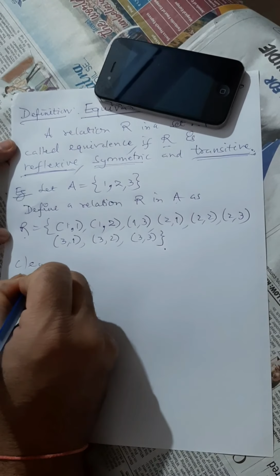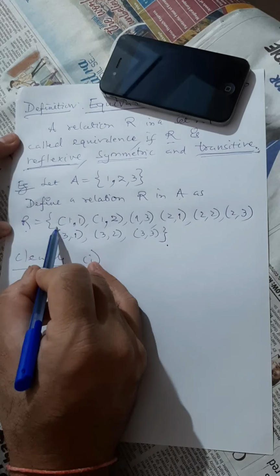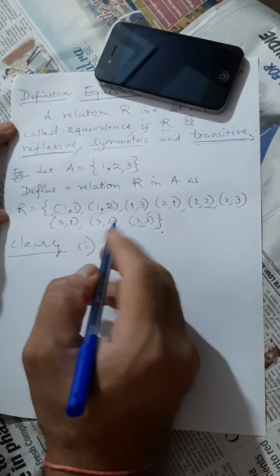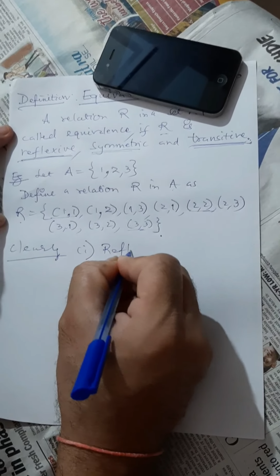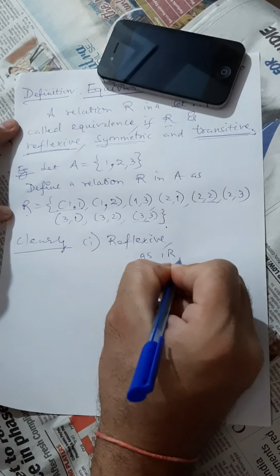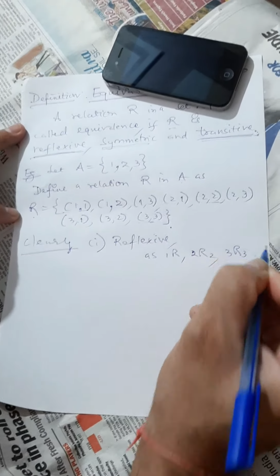Now clearly you can see, it is reflexive. Why? 1, 1 is present, 2, 2 is present and 3, 3 is present. 1 related to 1, 2 related to 2 and 3 related to 3.